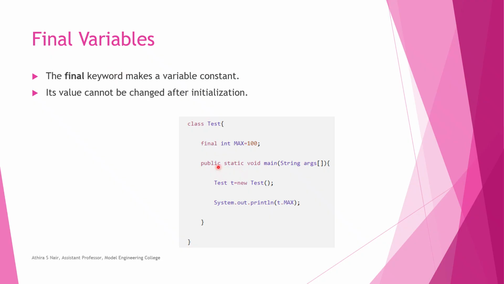So example, final int max is equal to 100. Now if we write max is equal to 200, then the compiler will generate an error. So here we are creating an object t, and when we are printing t.max, we will get 100 as the output, but we cannot change the value.